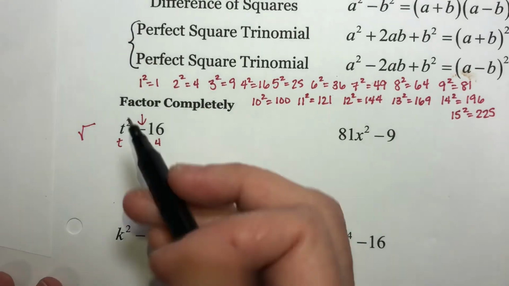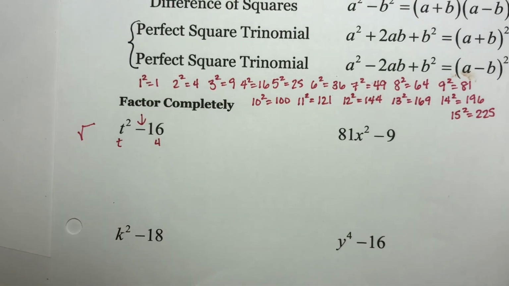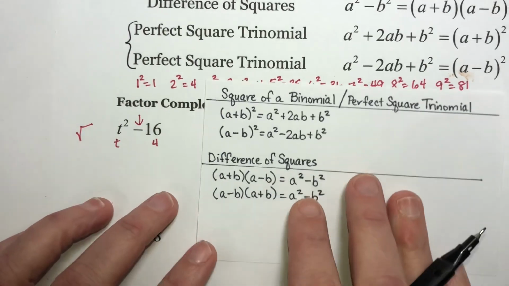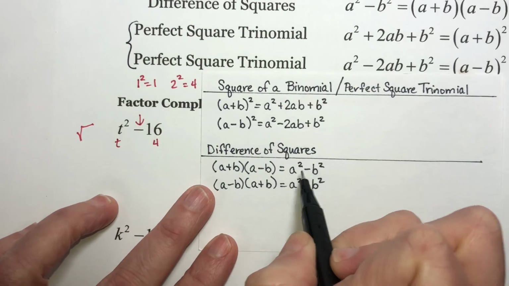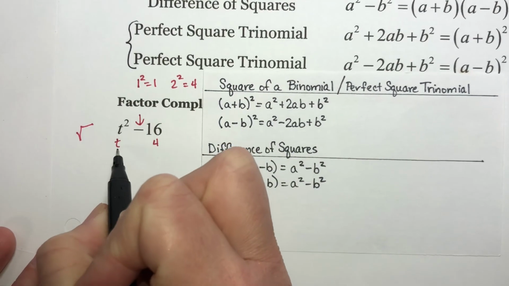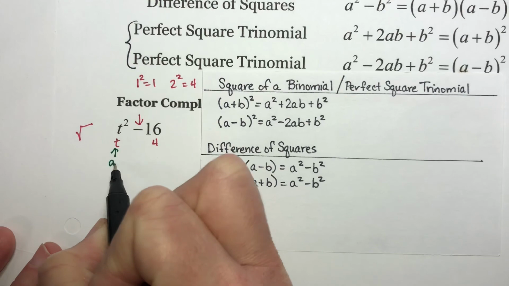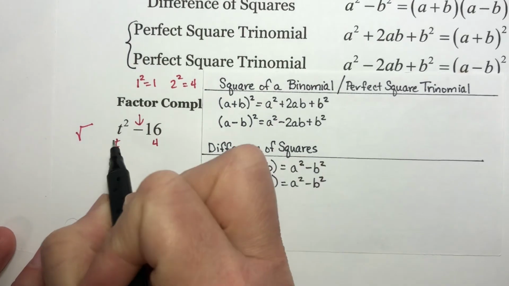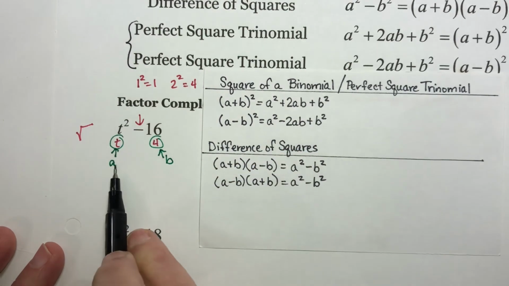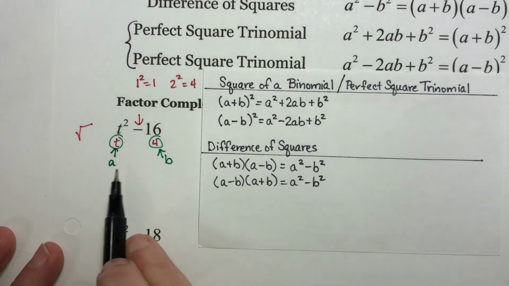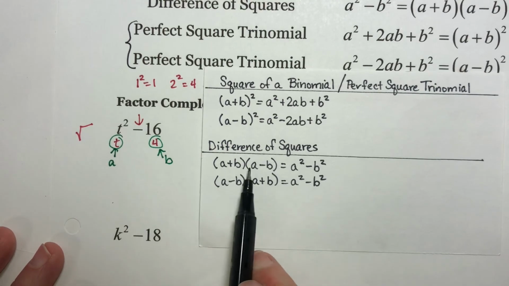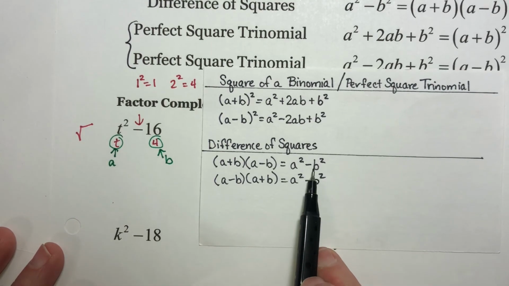Okay, so we have a perfect square here, and if you look at your formula, this says something squared minus something squared. Well, this is something squared. This right here is going to be the A position. This is our B. A squared, T squared is there. B squared, 4 squared is there, okay? And then that means we factor it. We have this side.